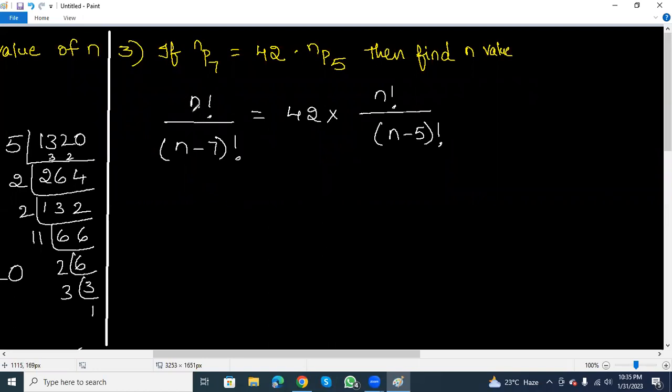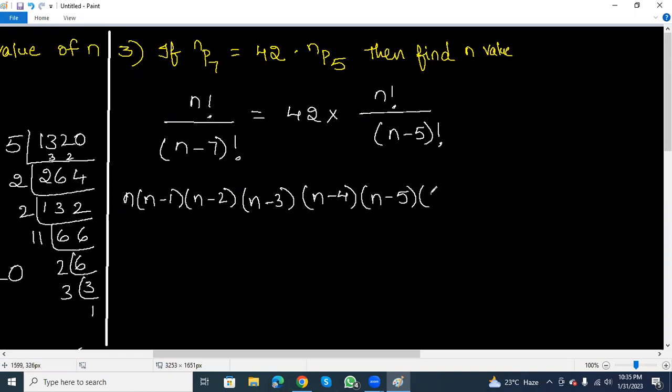This n factorial can be written up to n minus 7 factorial, right? n into n minus 1 into n minus 2 into n minus 3 into n minus 4, n minus 5, n minus 6, n minus 7 factorial. n minus 7 factorial gets cancelled.